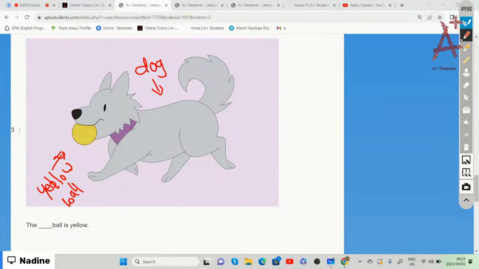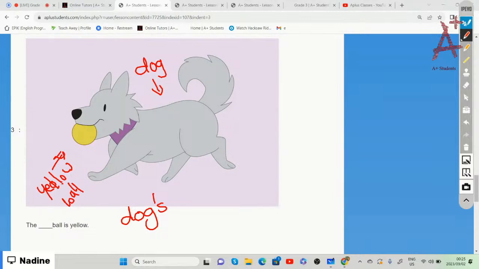And if we look at our picture, the dog, it means that the dog's bow is yellow. It's like asking yourself whose bow is yellow. So it is the dog's bow. Remember, you need to put the apostrophe s to indicate that you're referring to one specific person, thing or place.